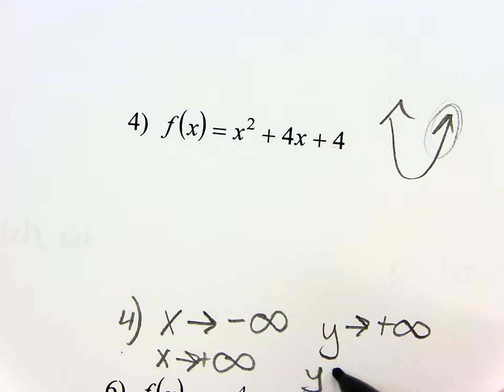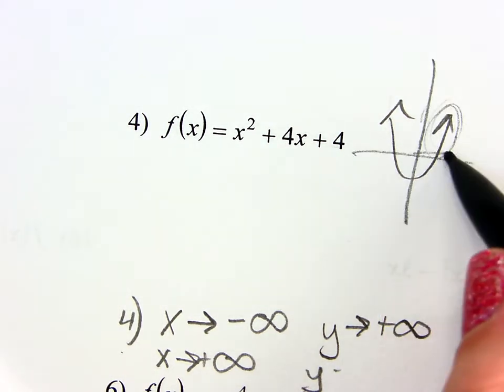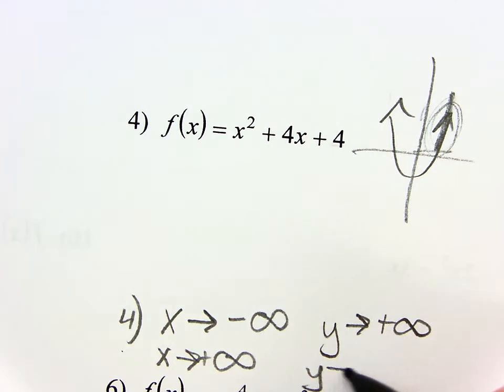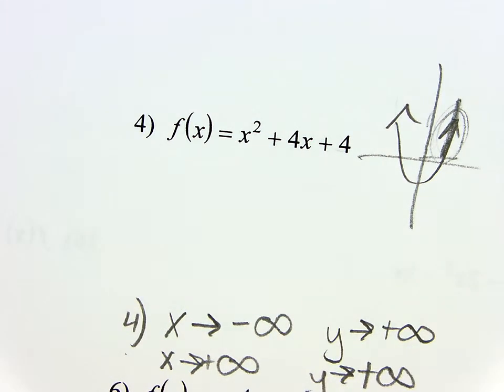Isn't it also going up? Right? This side's going up too. So this y would also go up to positive infinity. Does that make sense so far? Or have I lost you?